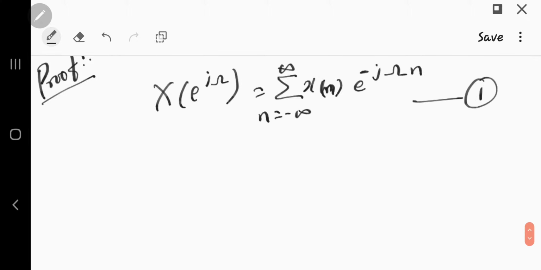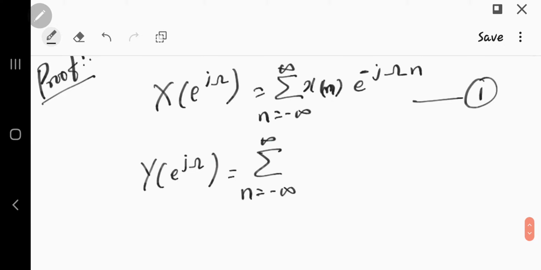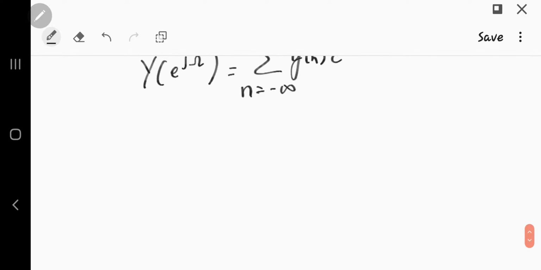So we have X of e power j omega is equal to summation x of n e power minus j omega n. So we call this equation 1 here. Y of e power j omega is equal to summation n equals minus infinity to plus infinity y of n e power minus j omega n here.